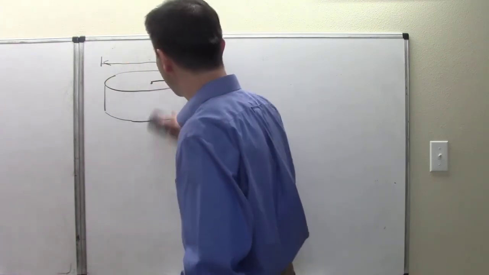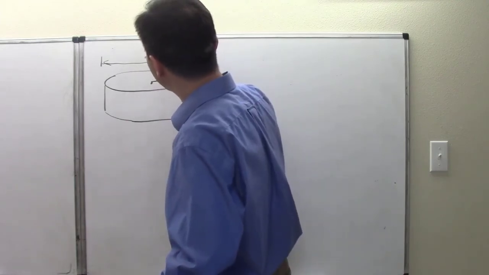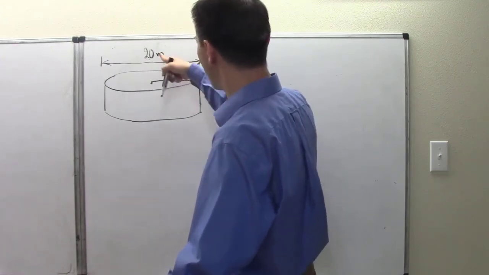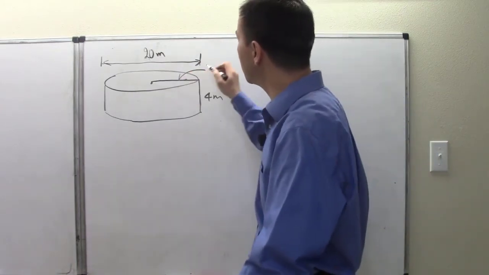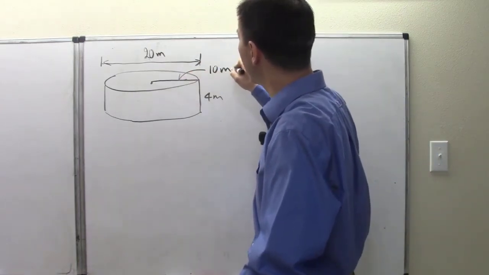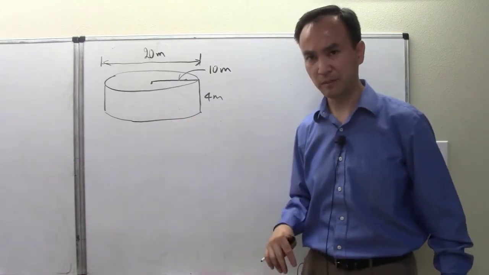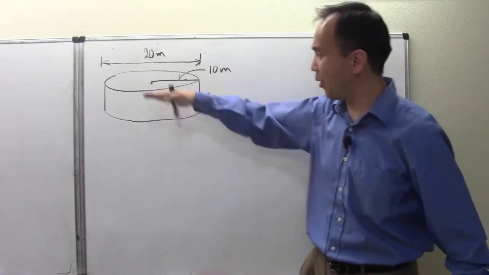It's given to be 20 meters, but for any circle it's more standard to indicate the radius. So 20 meters in the diameter automatically means that we're looking at 10 meters in radius. It's elementary math stuff. Okay, and so the height here is 4, and the water starts out full.